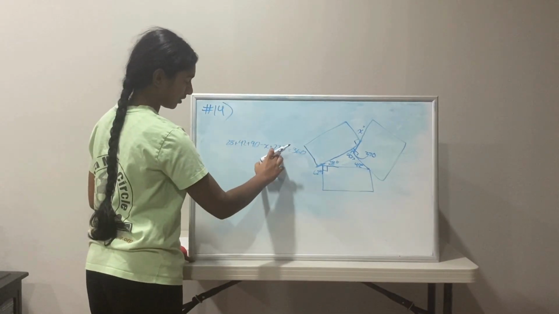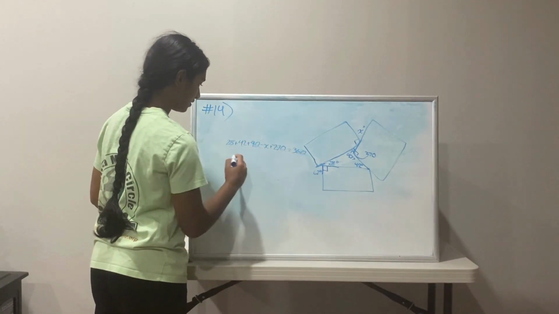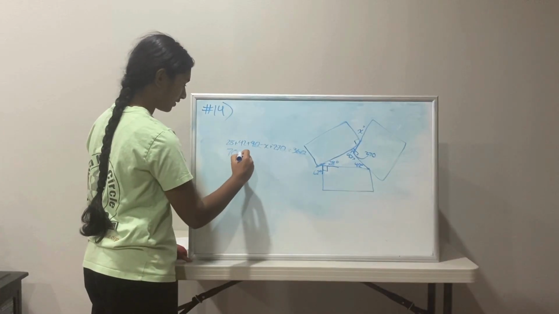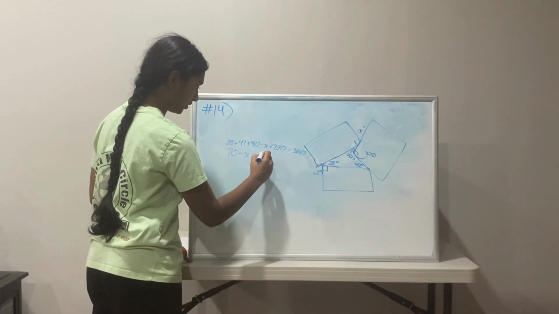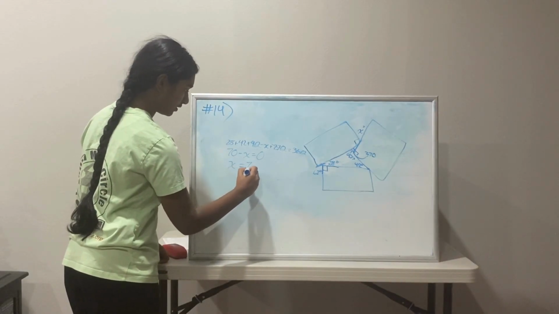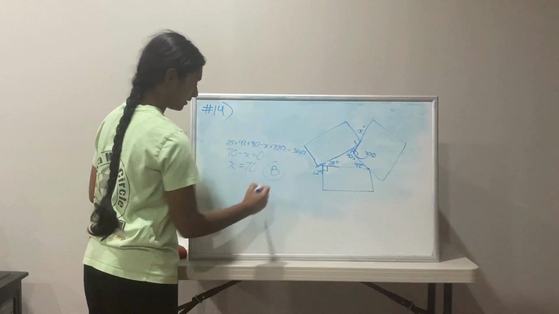And 90 plus 270 is 360, so we can cancel that part out with this. So now 28 plus 42 is 70. We've got 70 minus x equals 0, which means that x equals 70, which our answer is B.